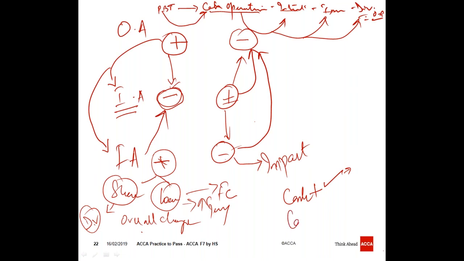And if the company has a negative cash flow, then you can say that the company is in a negative balance, meaning the company is already in overdraft, and the company is facing a liquidity problem.